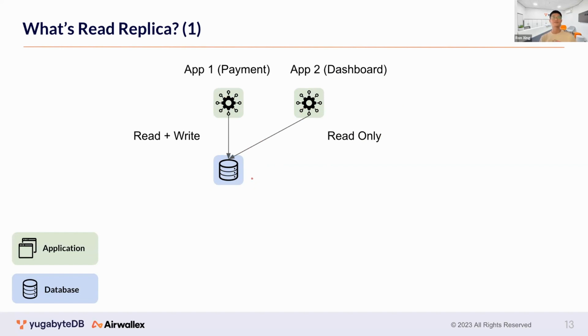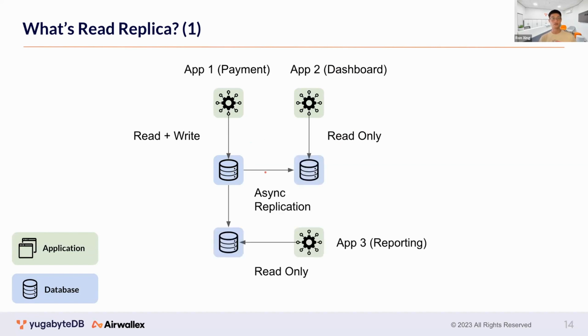But what happens if you have more and more requests from the read-only application, like the dashboarding application, until the point that the single database node cannot handle it, right? So in this case, you're going to have another database node which will asynchronously replicate the data from your original database, and will only issue the read-only queries from your dashboard.